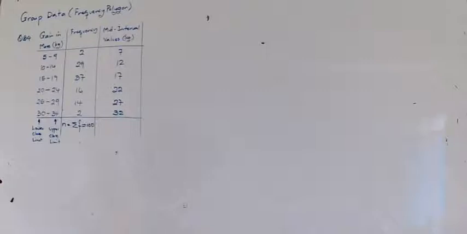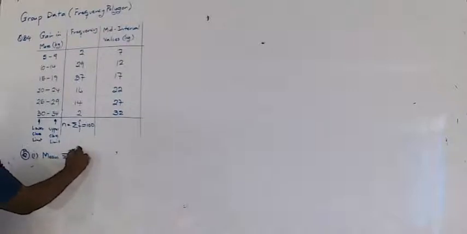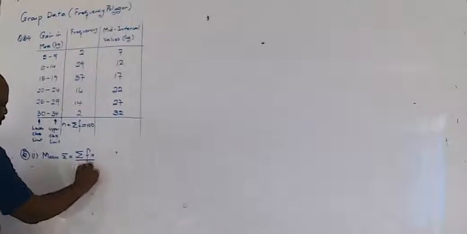Next, B(i) says, calculate an estimate of the mean gain in mass of the 100 cows. The mean, x bar, is equal to the sum of fx divided by n.